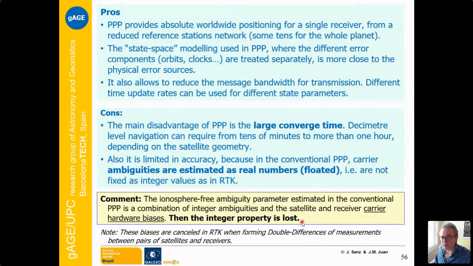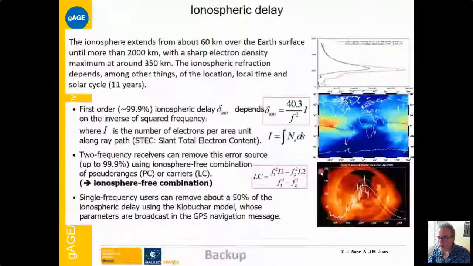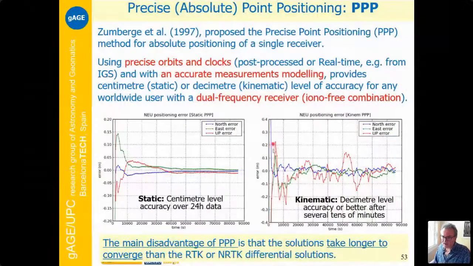Then the integer property is lost. This is why we estimate the ambiguities as a real number. This is what we call float ambiguities. The ambiguities are not fixed as integers. Why do we call them float ambiguities? Well, because these are not the true ambiguities, this is the user solution.